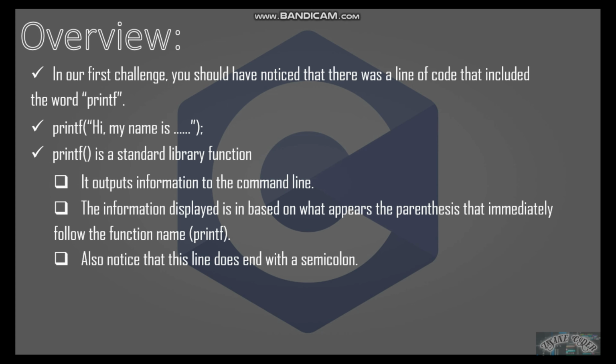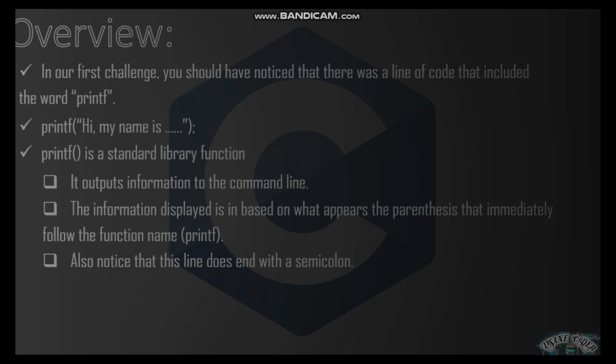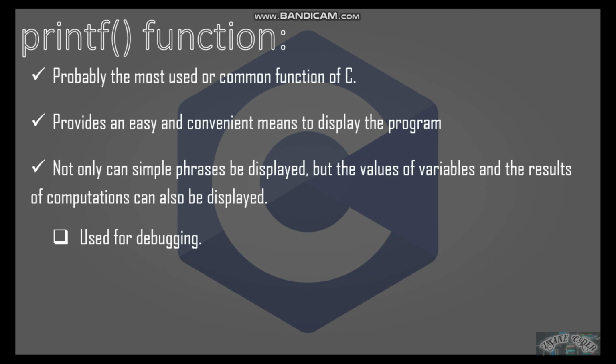So the function itself, it's probably one of the most commonly used functions in C because you often need to display output. It will be the function that we use most in this class because you can use it for many things. Now, so far in our first example program, we just displayed some text, some output to the screen.